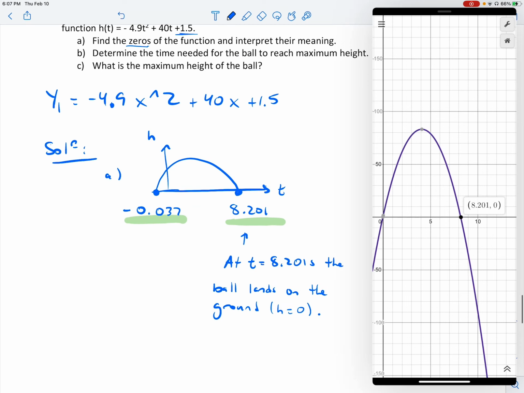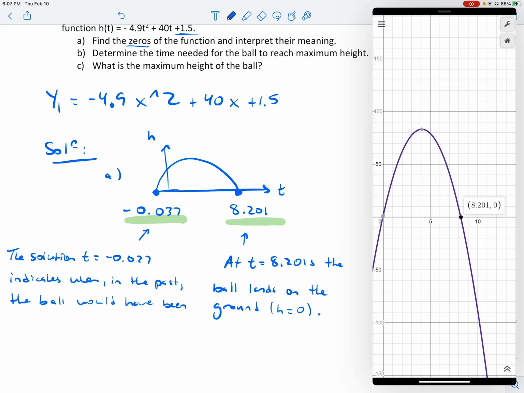So we could say the solution, or the zero, t equal to negative 0.037, indicates when, in the past, the ball would have been thrown from ground level.